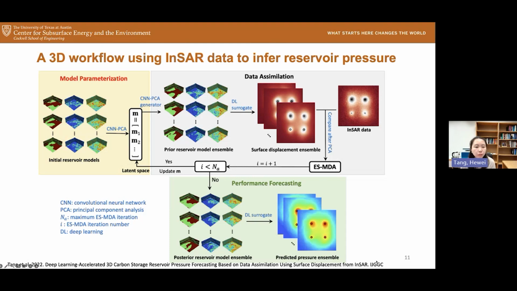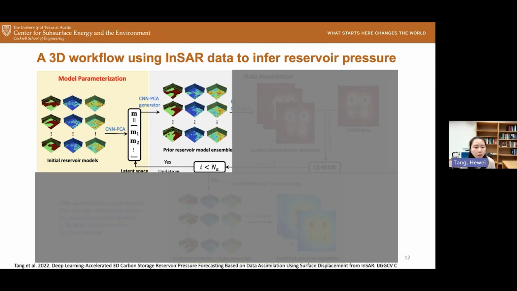For the model parameterization part, our goal is, from this initial reservoir model, where we have facies distribution, porosity distribution, and permeability distribution discretized in thousands of grid blocks, can we find a latent space to efficiently represent these initial reservoir models?